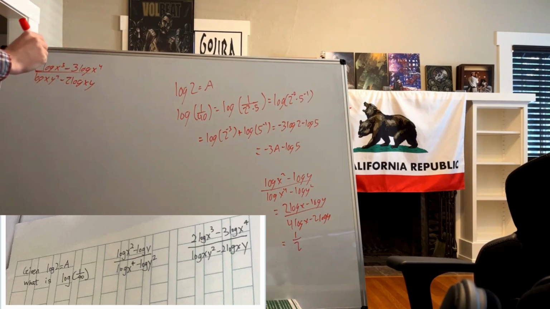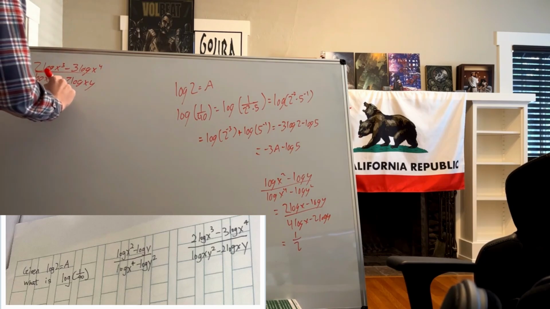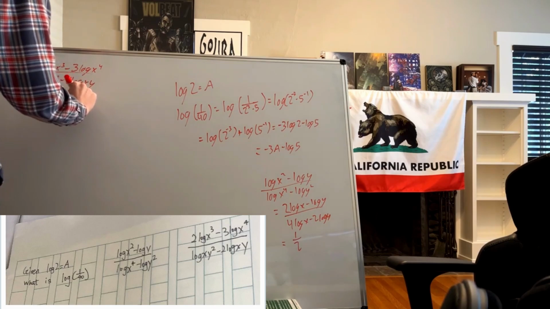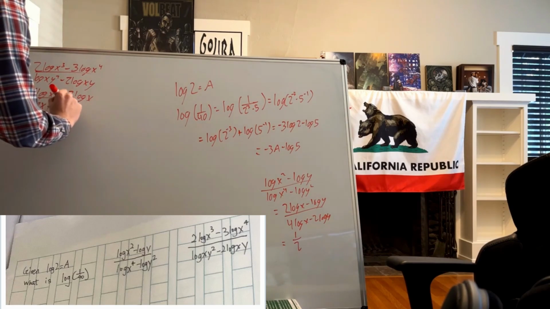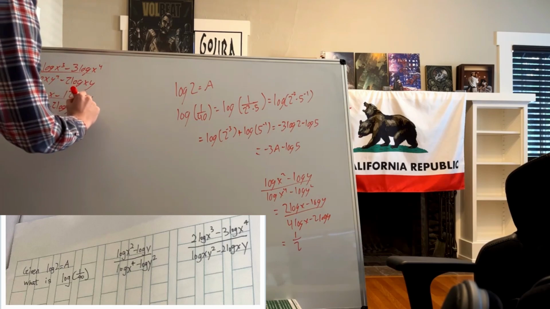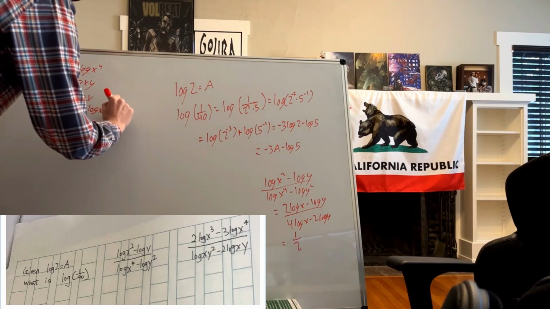So on top, let's do the same thing with the exponent rule. 6 log x minus 12 log x over, here we're going to split the multiplication up into addition and use the same exponent rule on the y. Log x plus 2 log y minus 2 log x minus 2 log y.